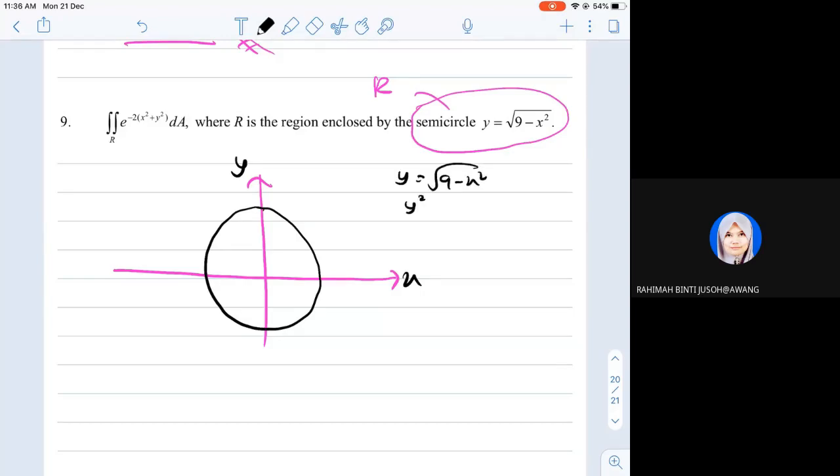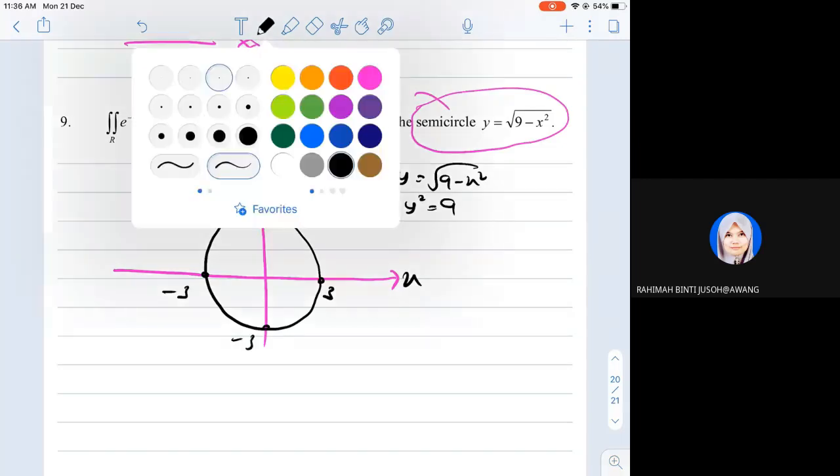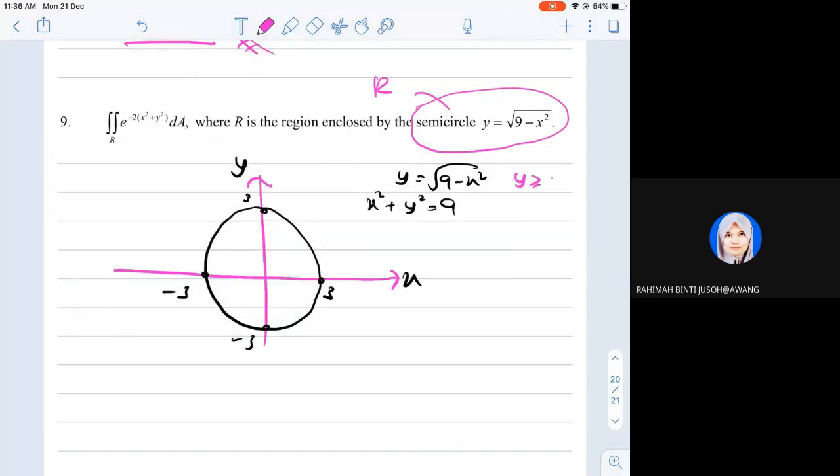So we know that Y squared plus X squared equals to 9. So the radius should be equals to 3, isn't it? So 3, negative 3. Okay, we know that Y must be greater or equals to 0. So of course, the region just a semicircle here.